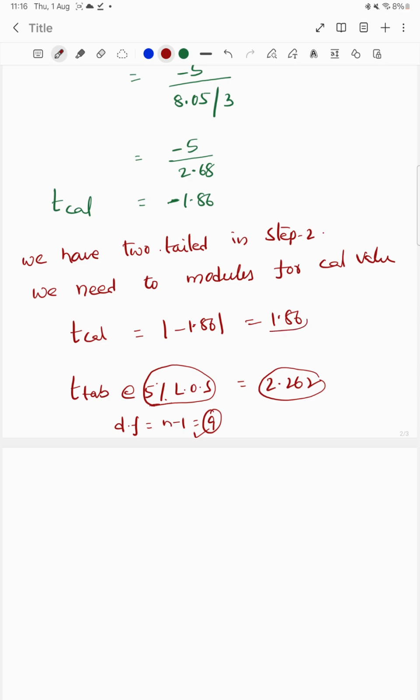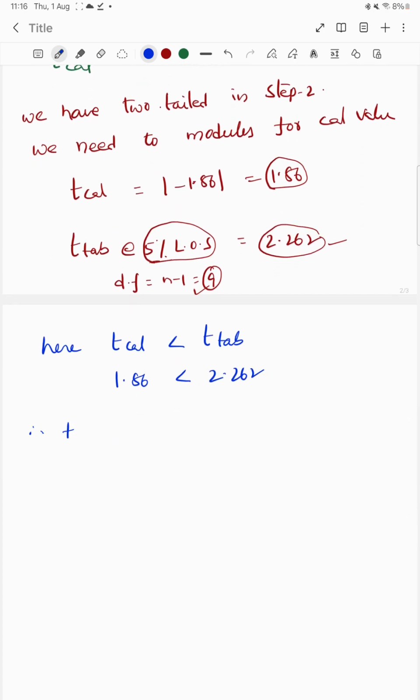Now our calculated value is 1.86 and the table value is equal to 2.262. Now we can write our conclusion. Here T cal is less than T tab, that is 1.86 is less than 2.262.